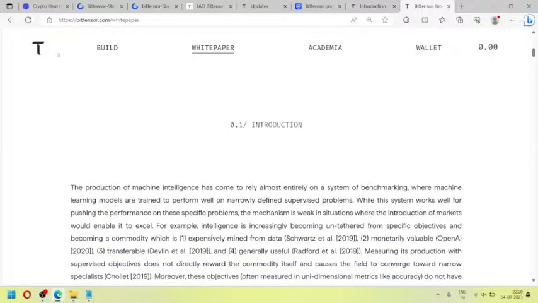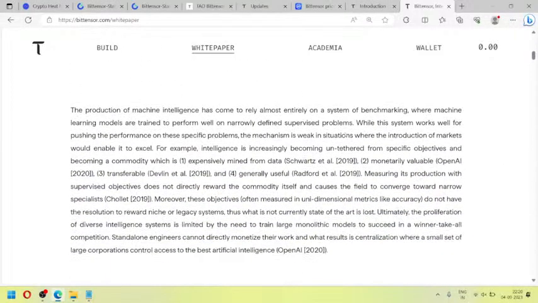This is the introduction of Bittensor. The production of machine intelligence has come to rely almost entirely on a system of benchmarking, where machine learning models are trained to perform well on narrowly defined supervised problems.